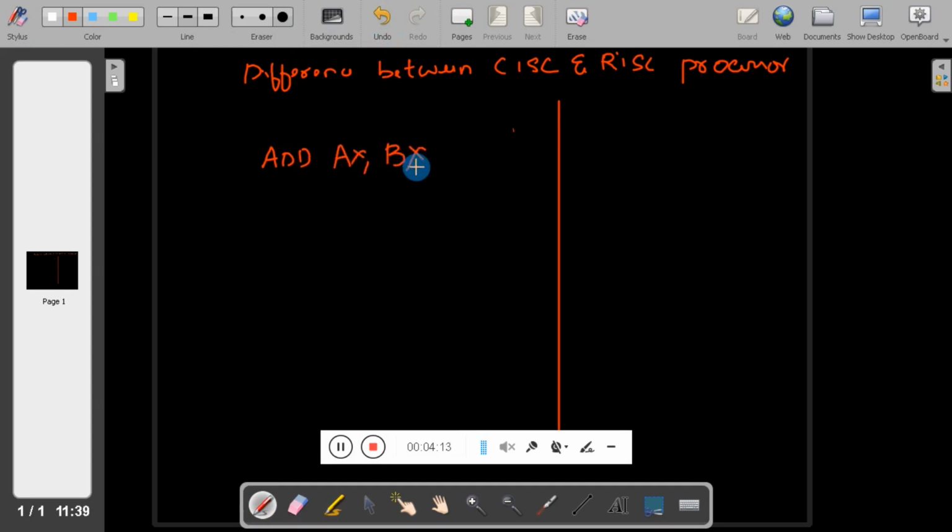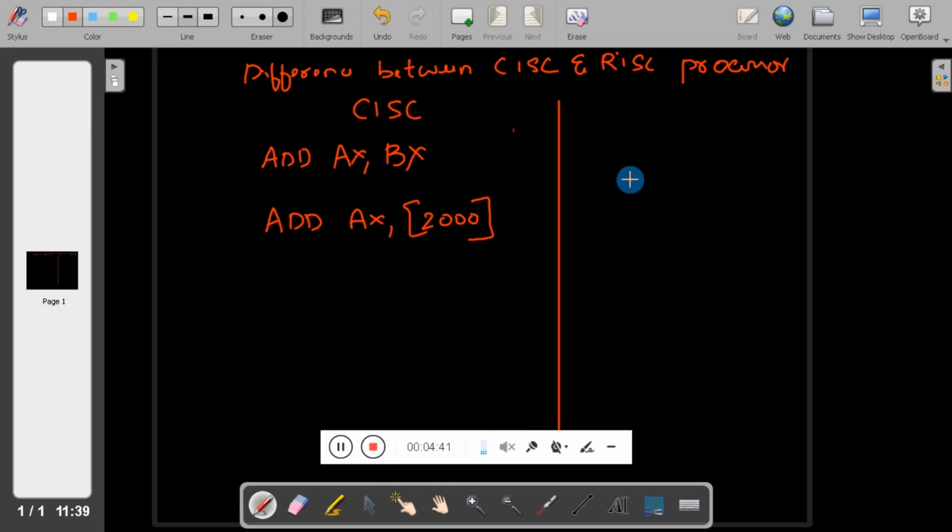That means the value of register BX will be added to AX. We have another form of the instruction, ADD AX, [2000]. This is a memory operation. Data will be fetched from this location and added to register AX. That means CISC supports both registers and memory.